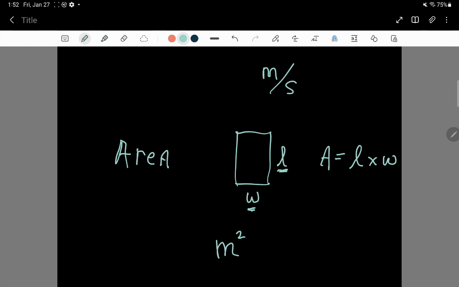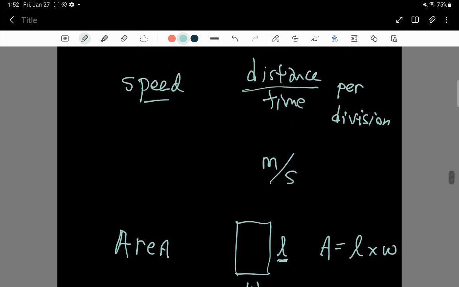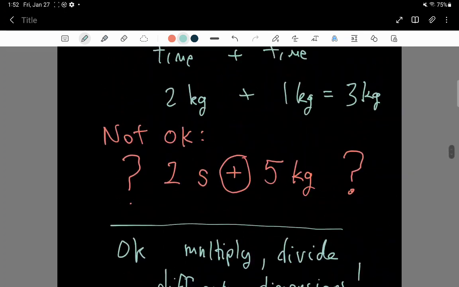So it's always okay to multiply and divide same units or different units. But you have to be really careful. It's not okay to add or subtract different dimensions. All right, that's it for this little introductory video about units and dimensions and math.